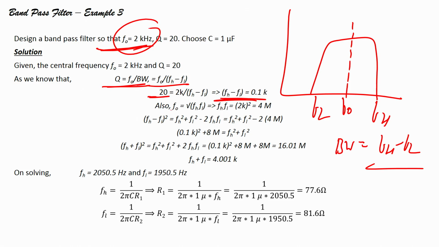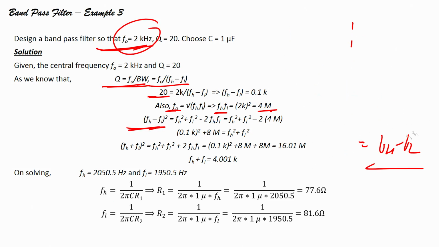Now, FO equals the square root of FH into FL, that also we know, which means FH times FL equals 2 K whole squared, equals 4 M. Now, FH minus FL whole squared is similar, very easy, basic mathematics.